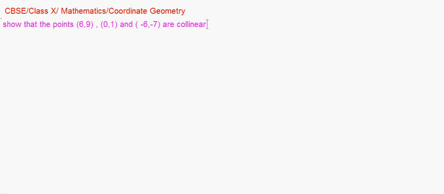Collinear, if you remember, how do you understand it in layman terms? Suppose this is A, this is B and this is C. If I have to prove these 3 points to be collinear, if I prove AB plus BC to be equal to AC, then I can prove that these 3 points are collinear.